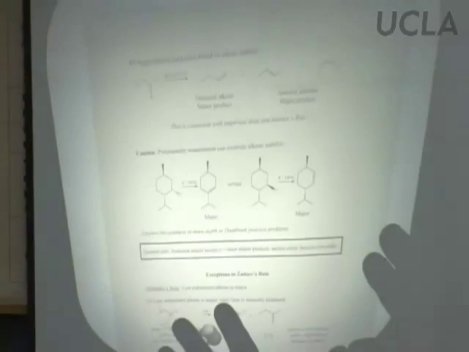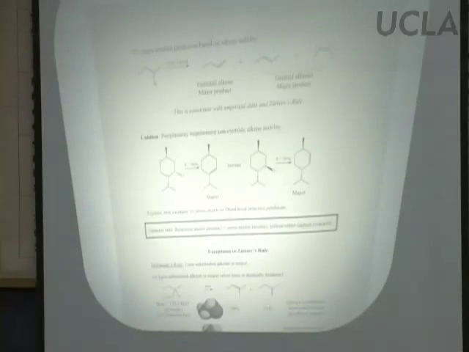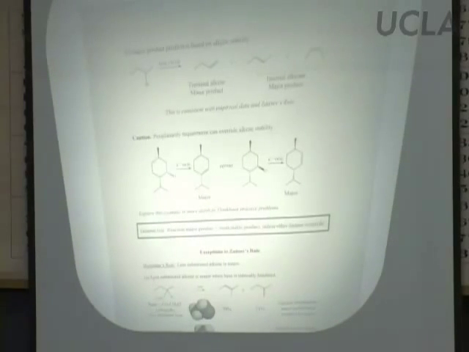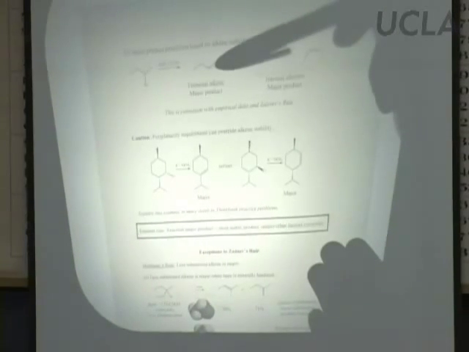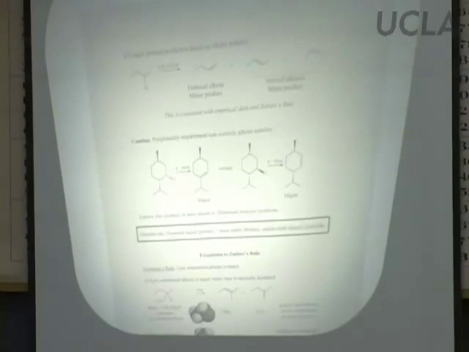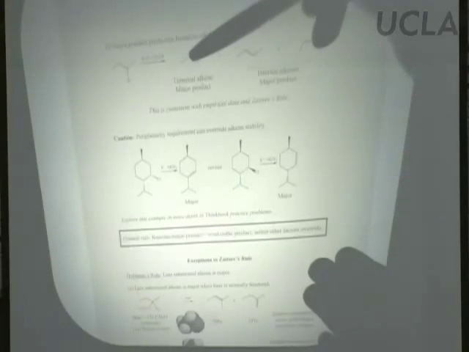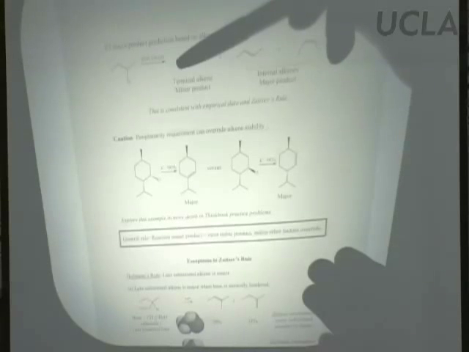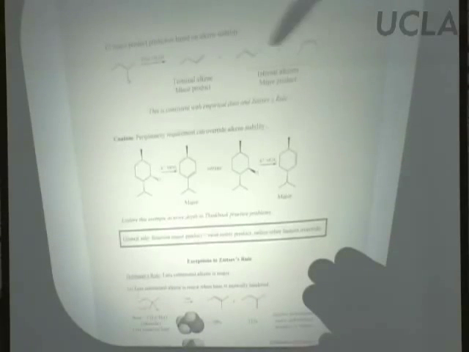If the alkene stability is what is controlling the process, then here's our prediction. The terminal monosubstituted alkene. So terminal because the alkene's on the end of the chain, and monosubstituted because the carbon-carbon double bond only has one alkyl group on it. That should be less stable than the internal disubstituted alkenes, and in fact, that's what we see.